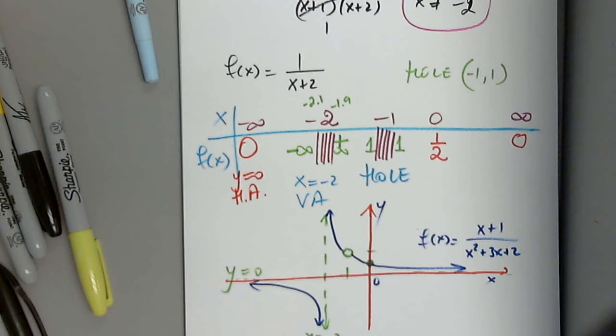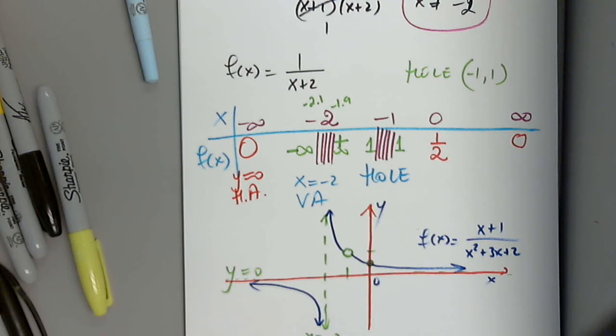Okay. Once I know the hole here, I cannot have infinities left and right, because this is not a vertical asymptote. So with the graphing calculator, make sure that in y equals, you clear everything. There is no need to put y equals 0 because the graphing calculator will graph the x-axis.